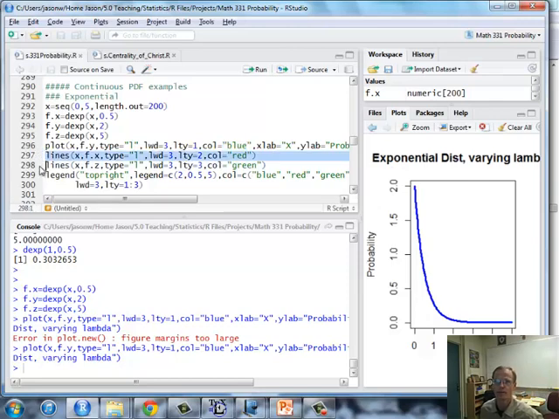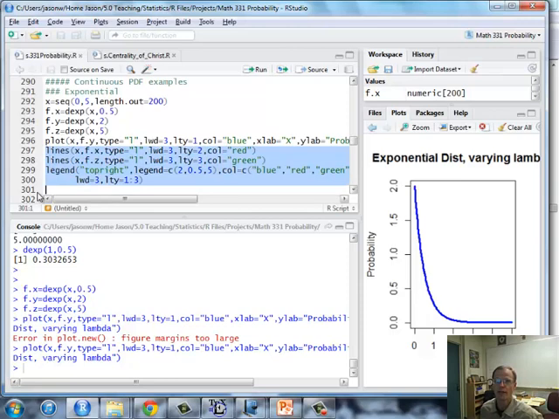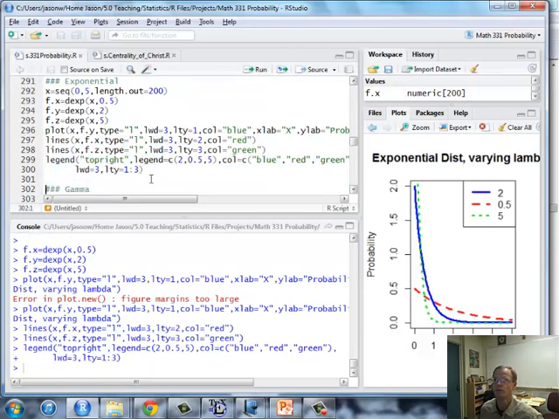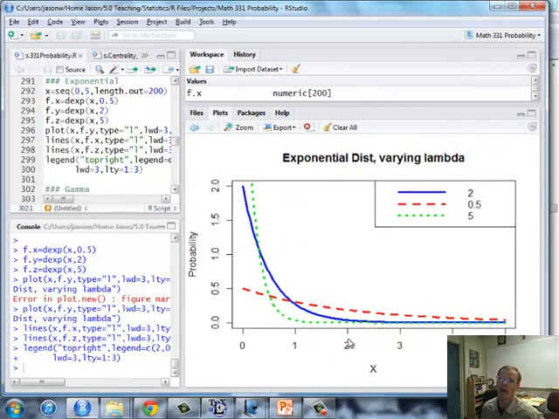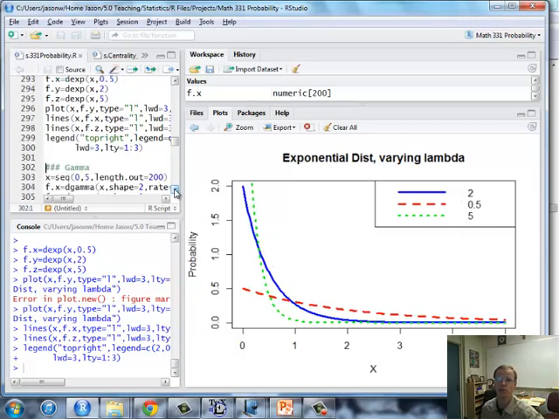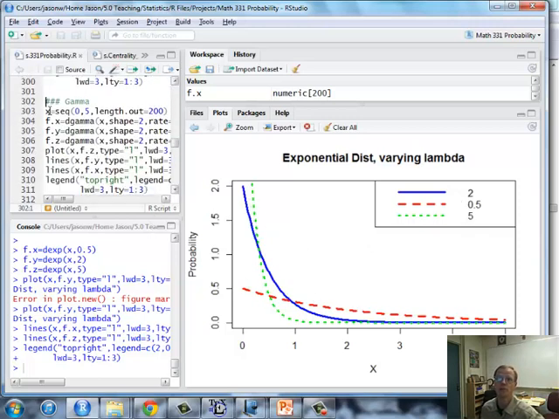Okay, and similar for the lines commands. And very cool, I'm going to put a legend on as well, so you can read that legend command and see what happens there. Once I'm done, I've got my 3 curves, and you can see that they all have that basic exponential shape, but as you vary the parameter, it changes. Now, we have very similar for gamma.